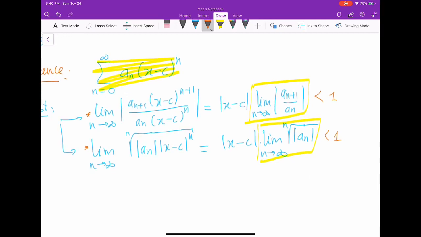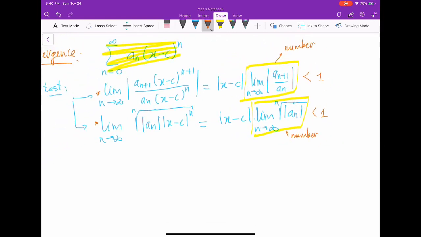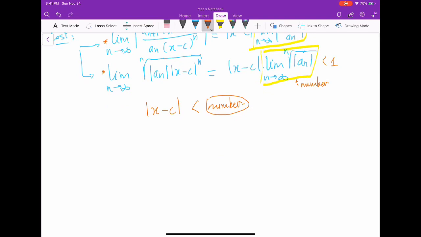Once you solve that, because this should be a number, you can have, say, the absolute value of x minus c less than some number, which I denote by k0.